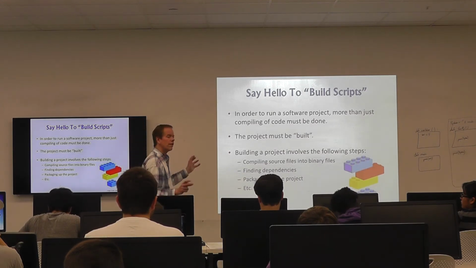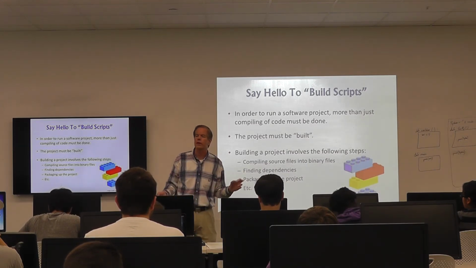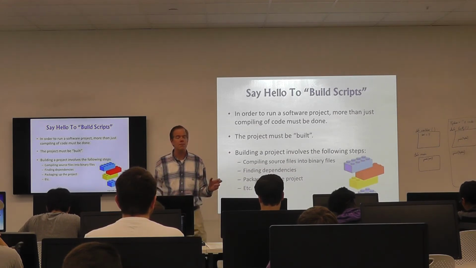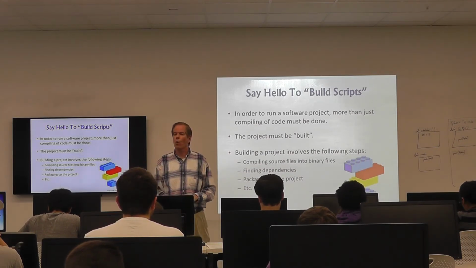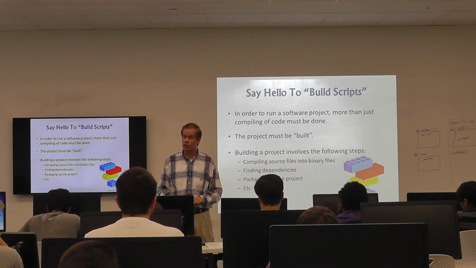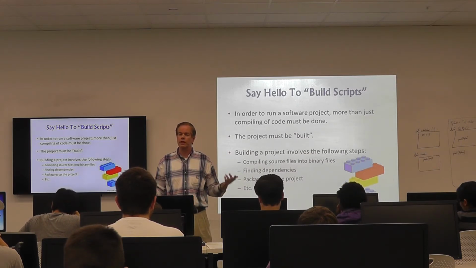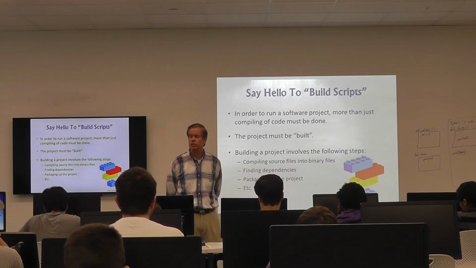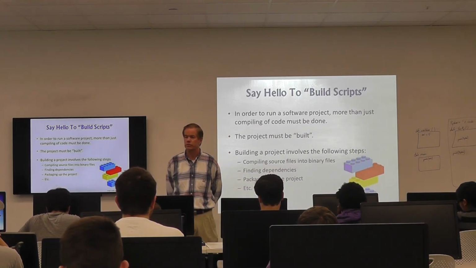Now you can do all that stuff by hand. There's no problems with that whatsoever. However, in any sort of large project, that gets to be pretty complicated pretty quickly. And if you're the one person in the universe who knows how to do it, then all of a sudden everyone has to sit around and wait for you to do it before they can have a new version of the code, which isn't so good if they're trying to do their own personal testing.